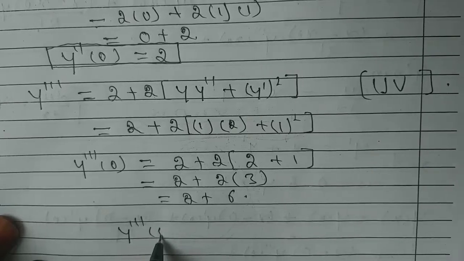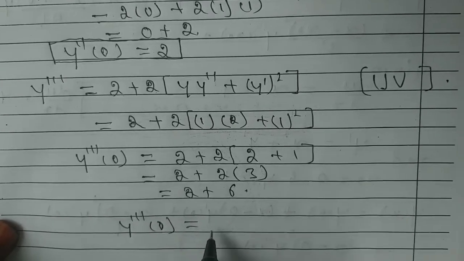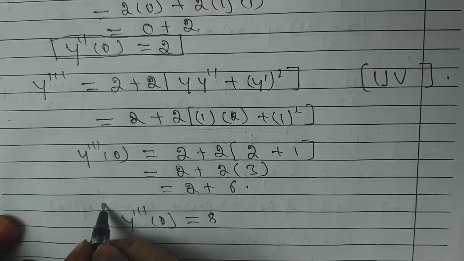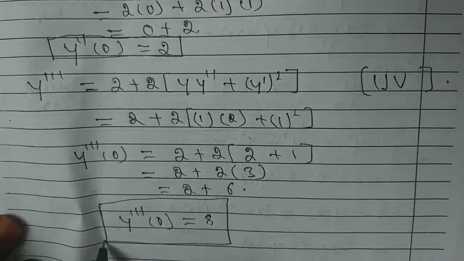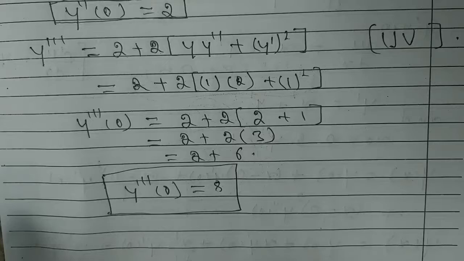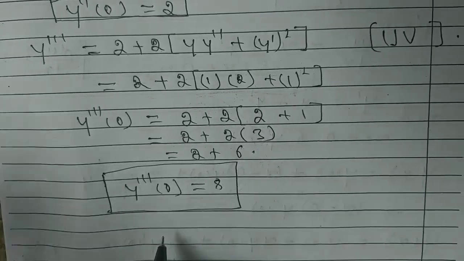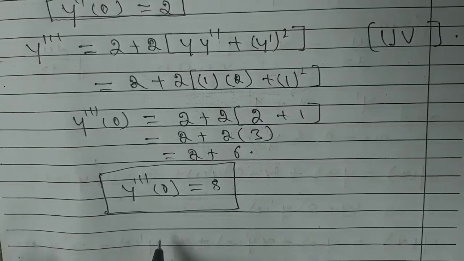Now we got the value of y triple dash of 0 is equal to 8.